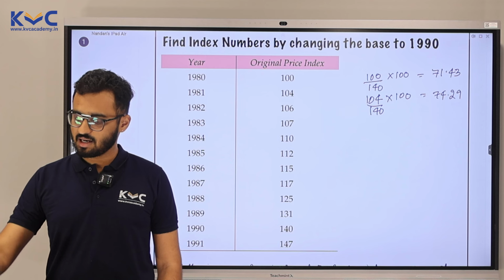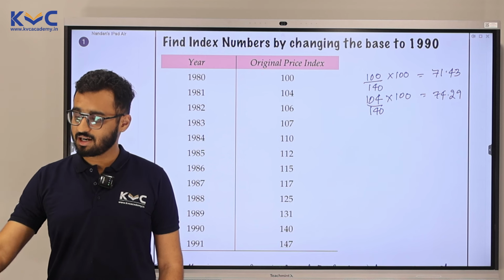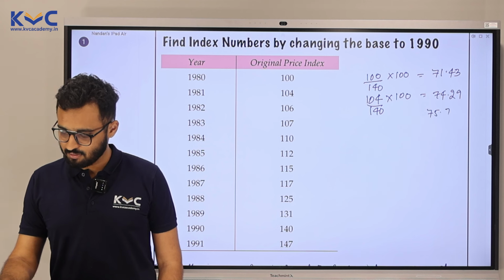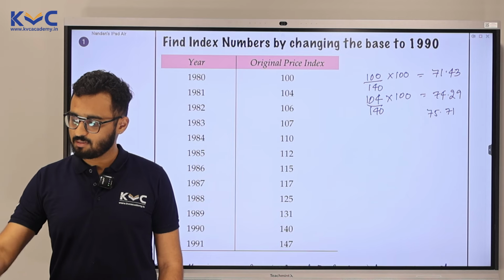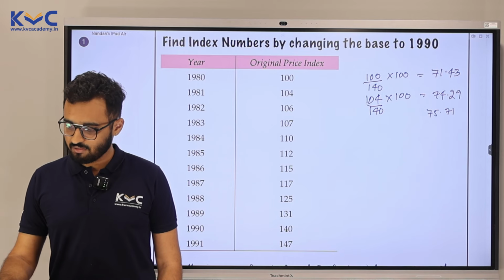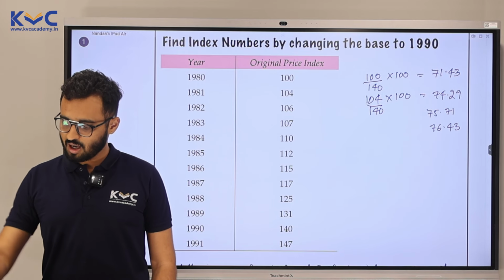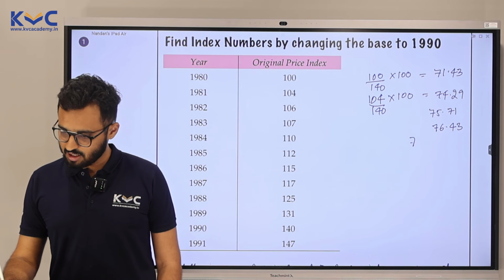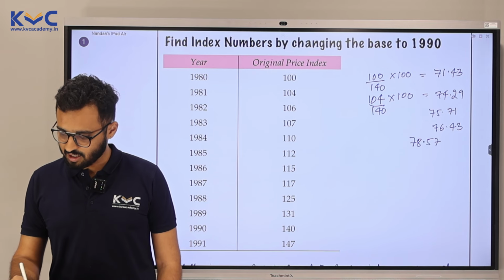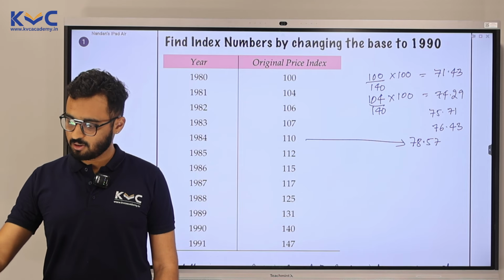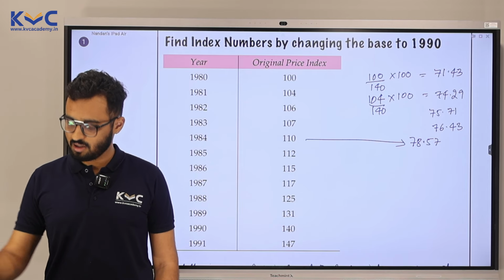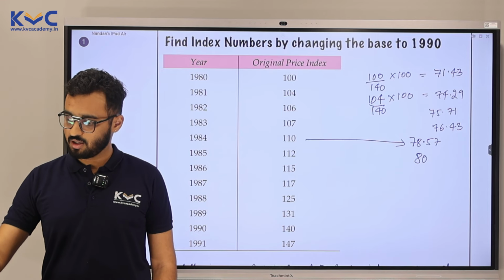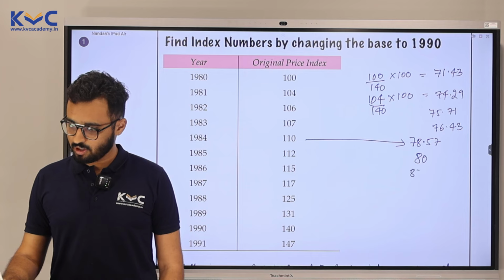Next, 106 divided by 140 into 100, you get 75.71. 107 divided by 140 into 100, 76.43. 110 divided by 140 into 100, you get 78.57. Next, 112 divided by 140 into 100, you get 80. Next, 115 divided by 140 into 100, you get 82.14.